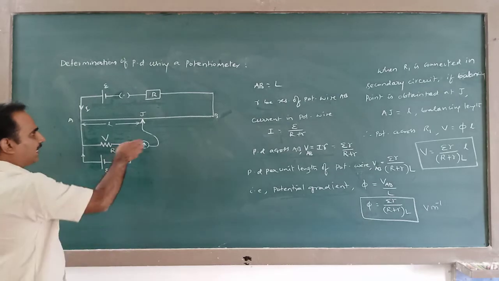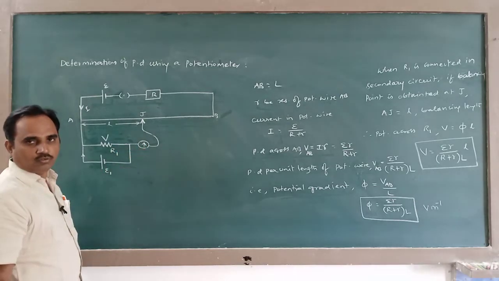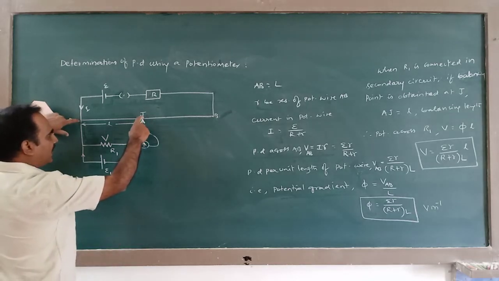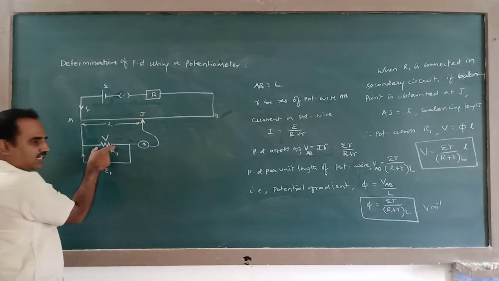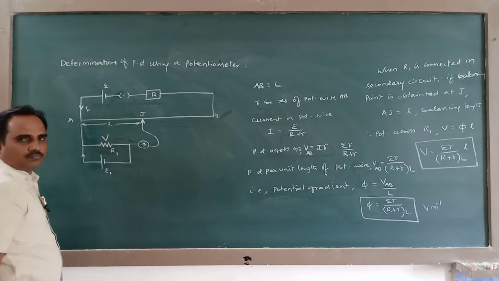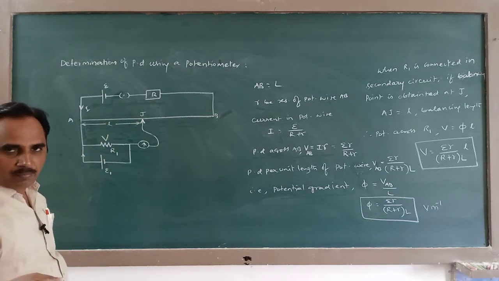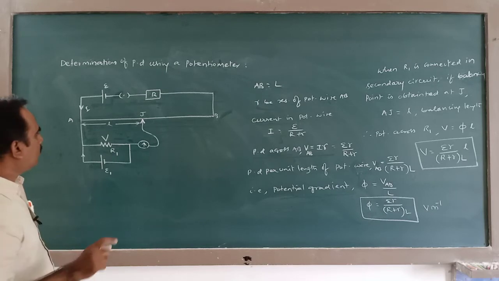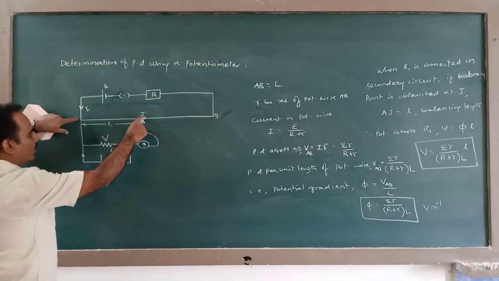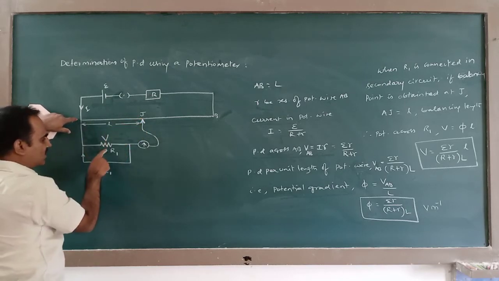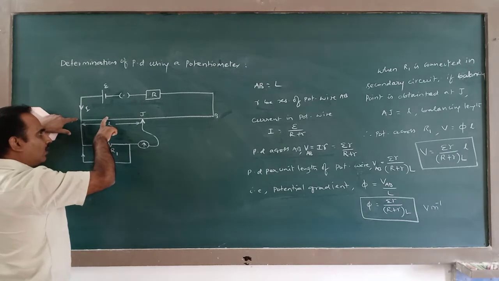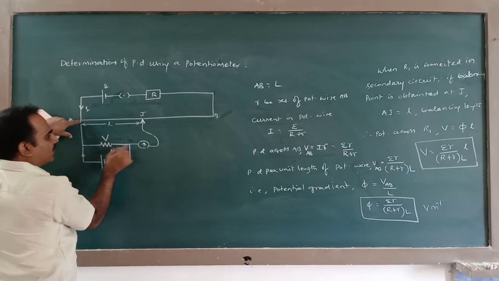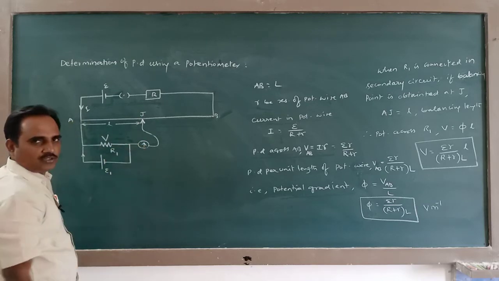For this balancing length, current through the galvanometer becomes 0 because the potential difference across the wire AJ becomes equal to the potential difference across this one, because both are in parallel. You know that in parallel combination, potential difference will remain the same. So across AJ, the wire and this resistance R1 both being parallel, when this potential difference becomes equal to this potential difference, the current through the galvanometer will become 0.